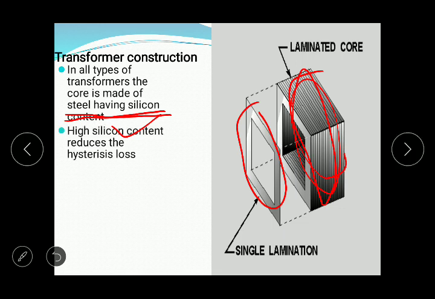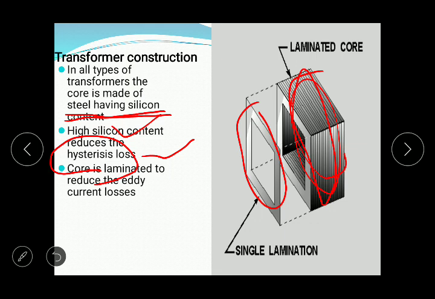High silicon content reduces the hysteresis losses. Very important. The core is laminated to reduce the eddy current losses.